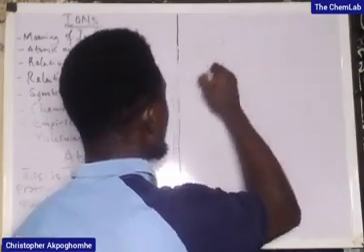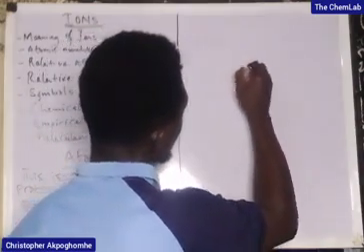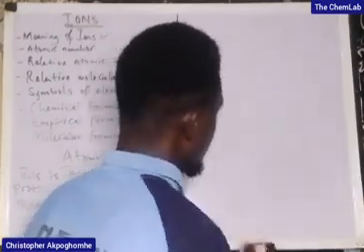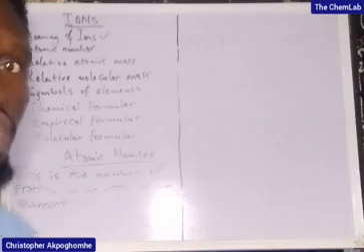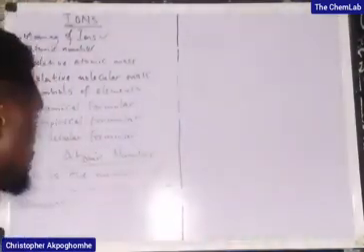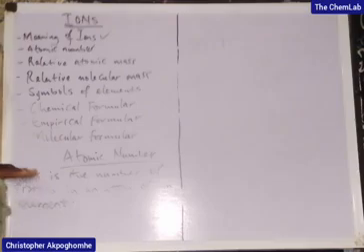And so the atomic number of hydrogen is 1. Okay? The atomic number of hydrogen is 1. Alright? Now, having said that, I think we have concluded on atomic number.